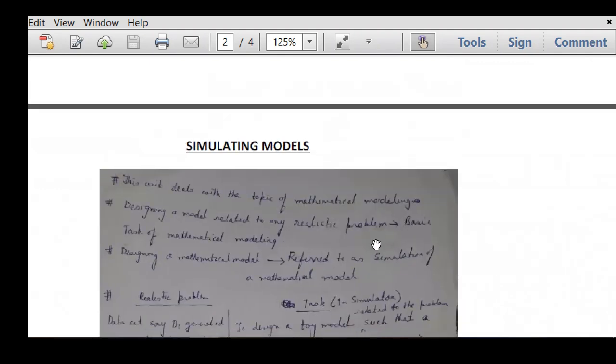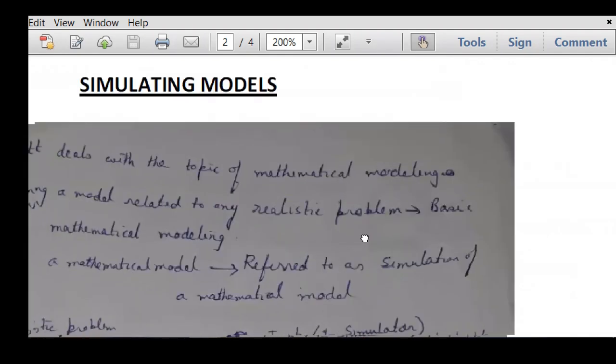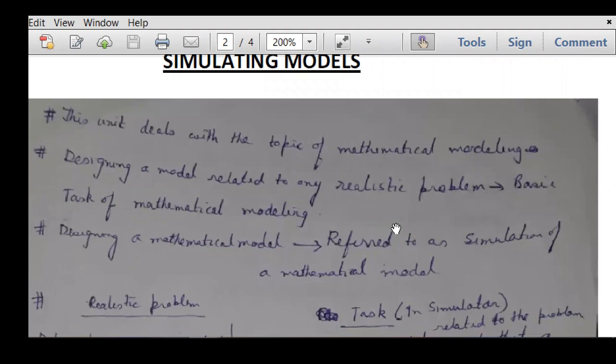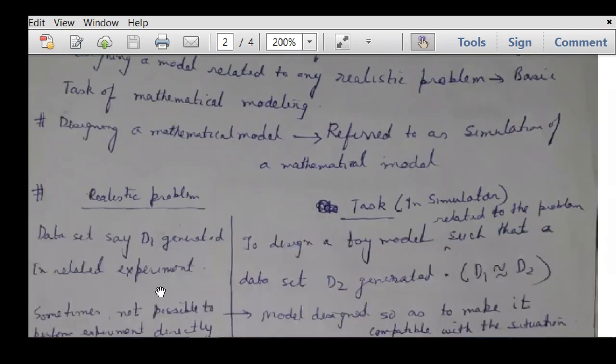want to frame or design a model such that whenever the realistic problem or any experiment related to that problem is performed and a data set is created from there, say I name it as D1, then the data set can be approximated by another data set which is just generated via the mathematical model which we create.